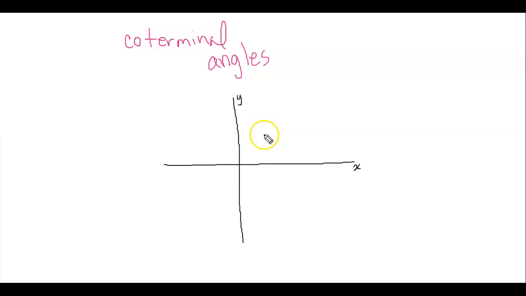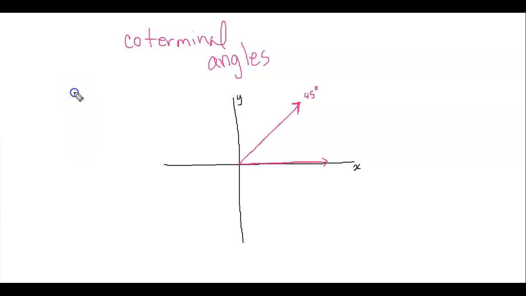So for example, if I had a 45-degree angle, my initial ray is here, 45 degrees exactly halfway between 90 degrees. So this would be 45 degrees. Well, then what if I wanted to graph 405 degrees?